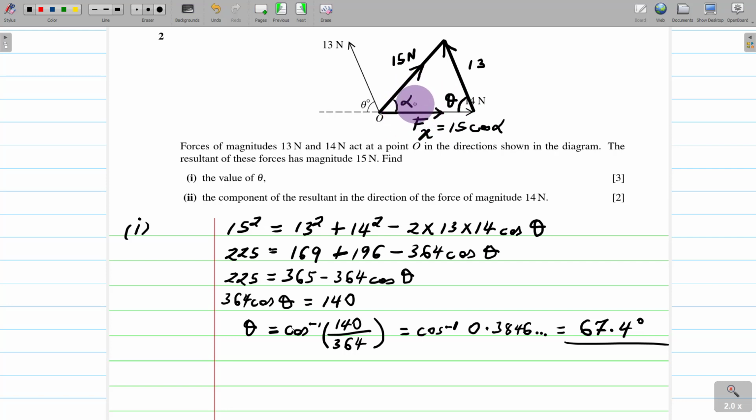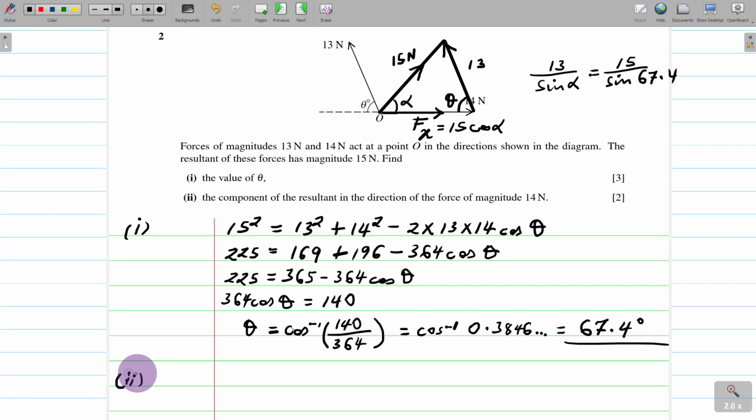At this point, we can use the sine rule. What does the sine rule state? Since it is this angle that I want, I can say 13 over sine alpha will be equal to 15 over sine theta, which is 67.4. So to get sine theta, already here I'm working part 2.